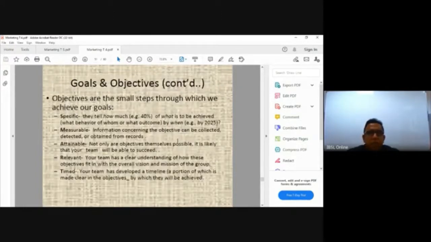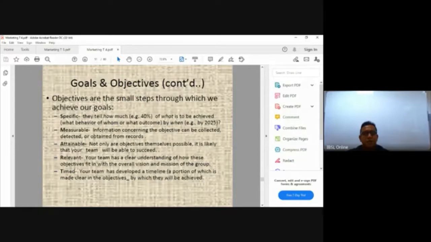So objectives, as I said, should be in SMART form. Specific: they tell how much, for example 40% of what is to be achieved, what behavior of whom or what outcome, by when, by 2025. Measurable: information concerning the objective can be collected, detected, and obtained from records. Attainable: not only are the objectives themselves possible, it is likely that your team will be able to succeed.